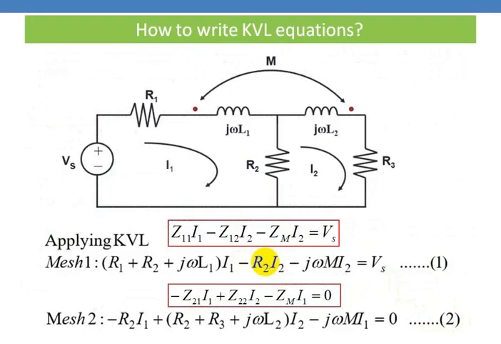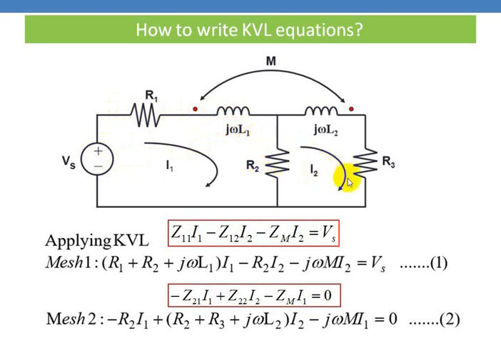Coming to the next problem, let us see how to write KVL equations if a coupled circuit is given. Let us consider this circuit. There are two meshes. In the first mesh, we have a voltage source, resistance and inductor L1. Its reactance is given as j omega L1, and R2.